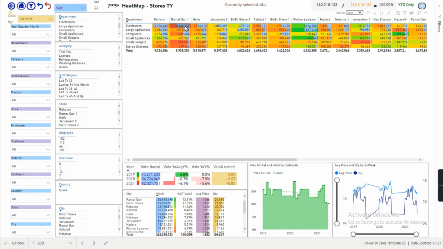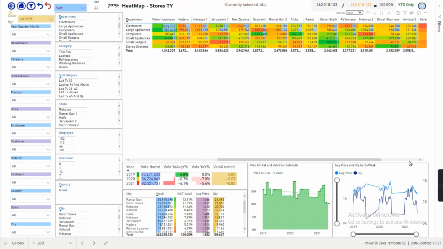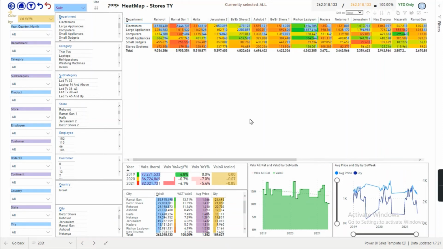Most stores have a big electronics department. Electronics is the biggest department, but there are 3 stores where large appliances are bigger: Beersheba 2, Rishon LeZion, and Jerusalem 1. There are also small stores, but the big ones are more important for now.